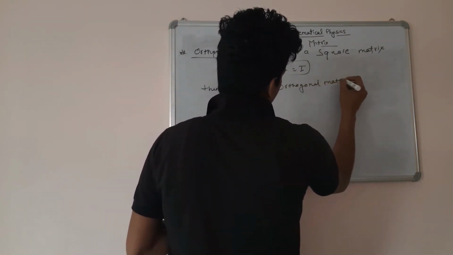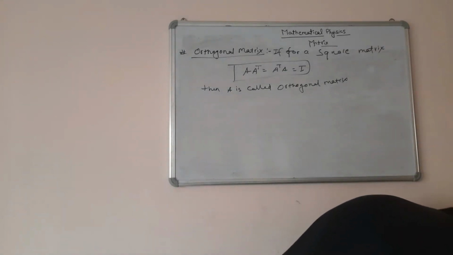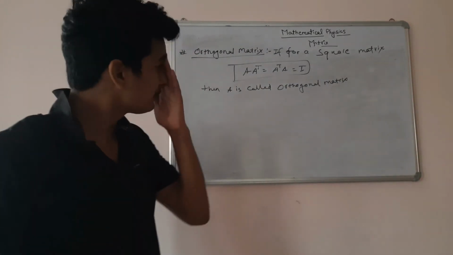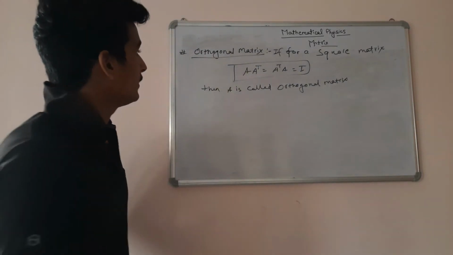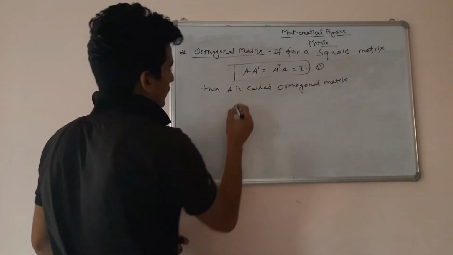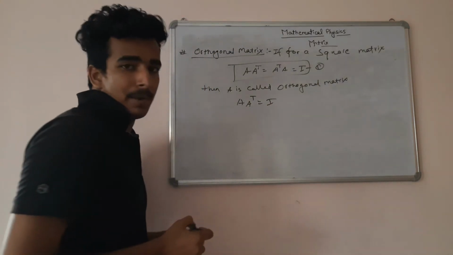Now let me do some simplification here. A transpose A is equal to I, the identity matrix.